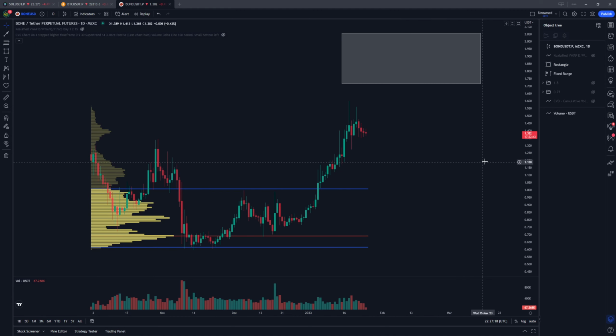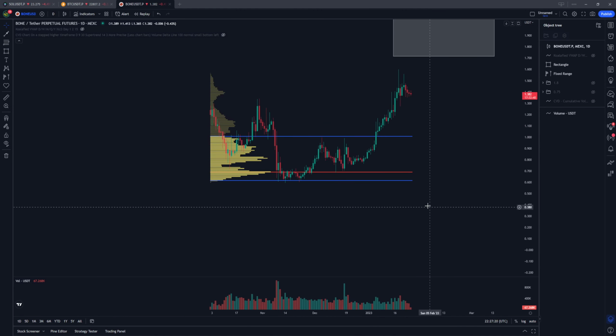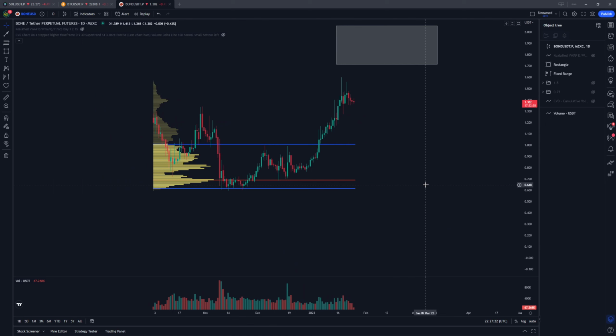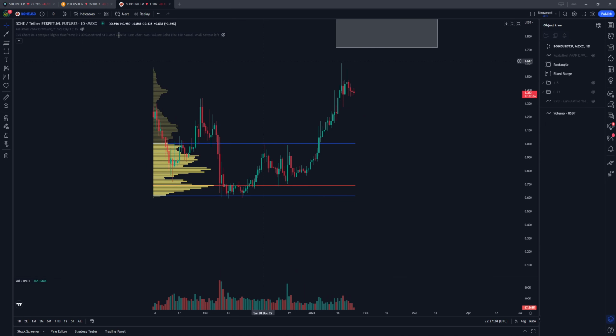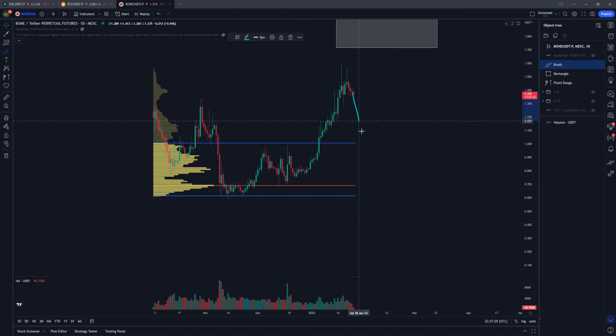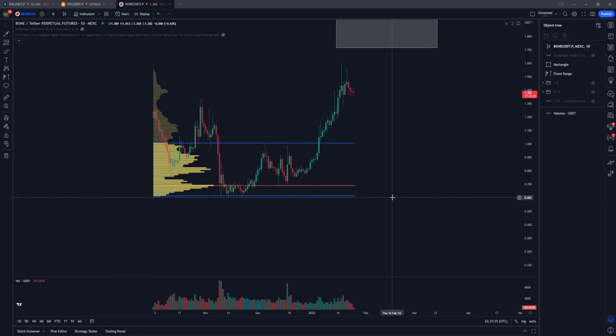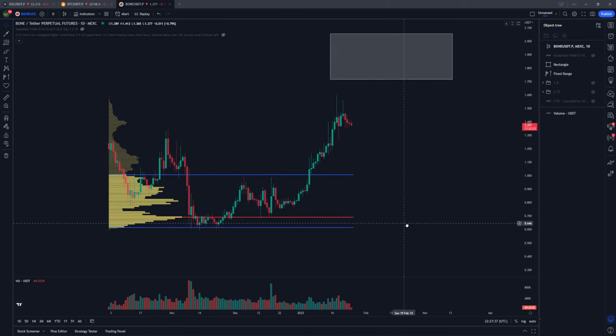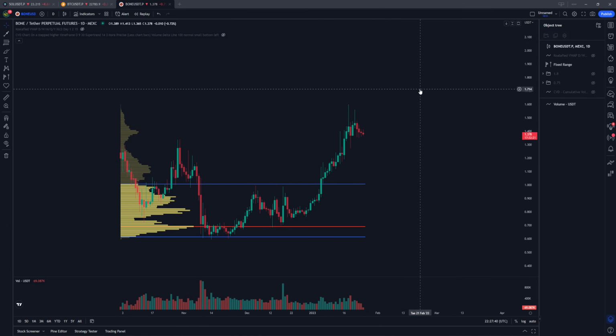To the downside, I'm not doing any technical analysis just because I don't really have enough data to do that right now. If we actually come down into this range here and range around a little bit, then maybe we'll have some more data. But right now there just isn't enough data to look below this range. I'll go ahead and delete this.